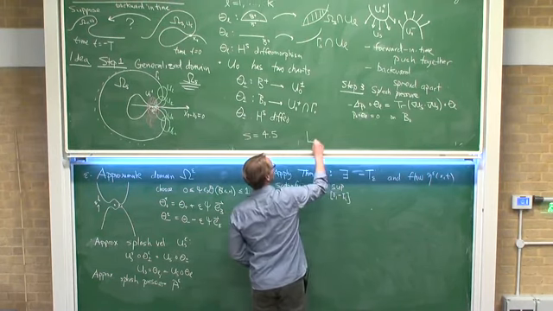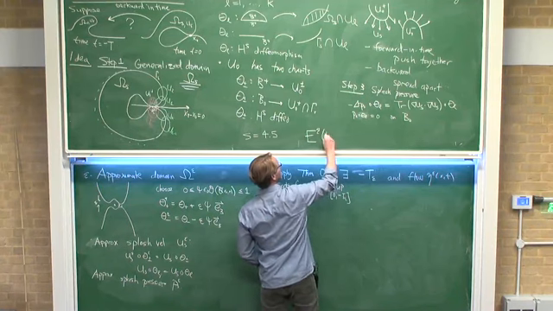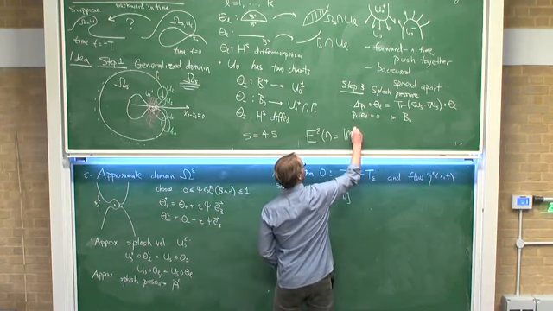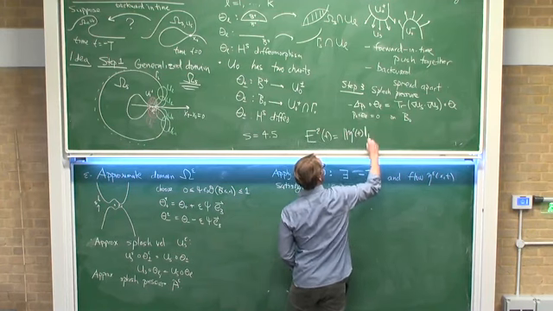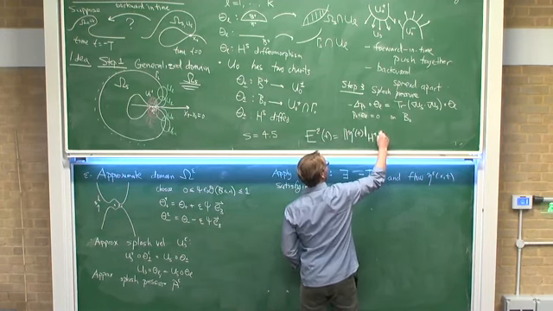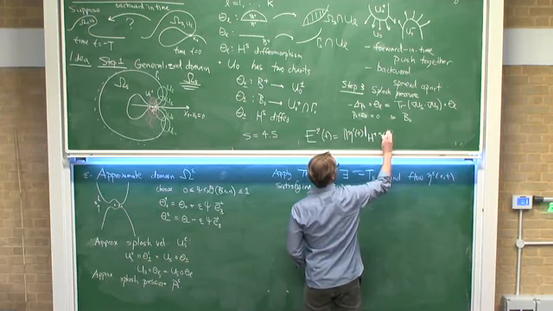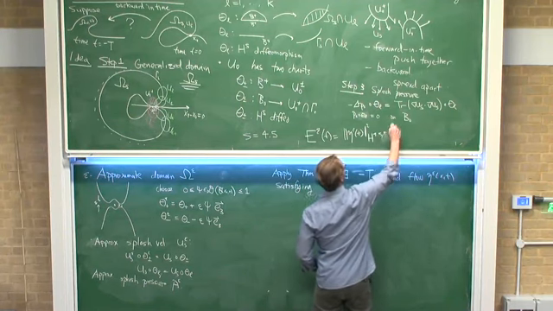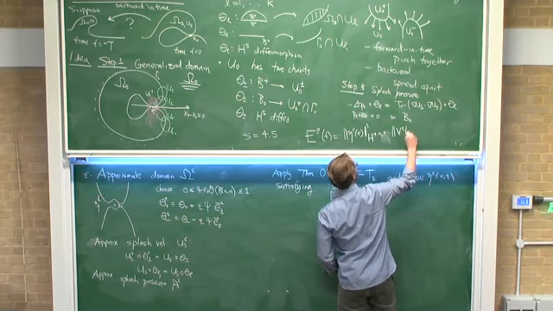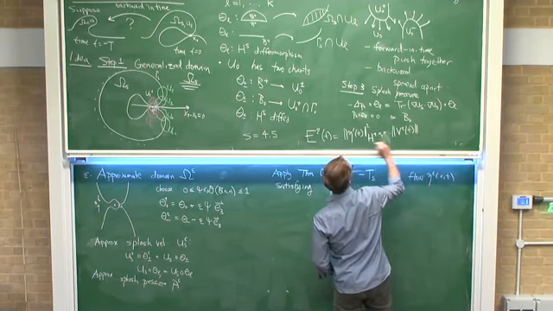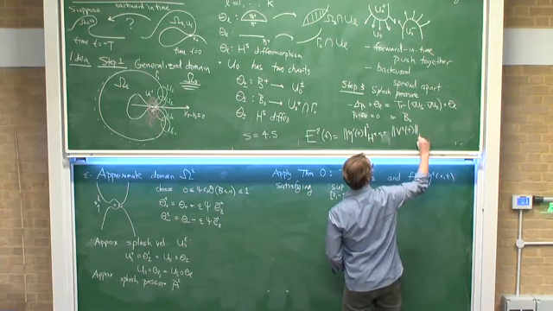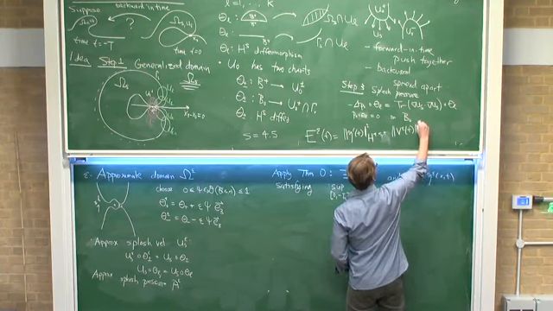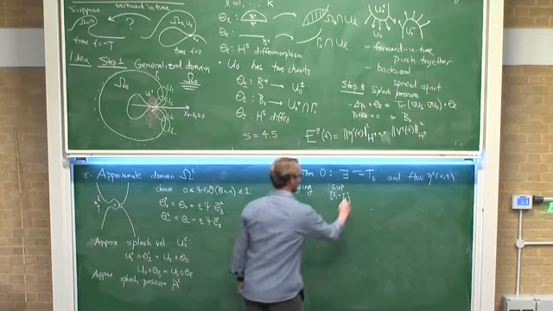So let me write it again. So E epsilon of t is eta epsilon of t in H4.5 plus V epsilon of t in H4, such that this guy is finite.